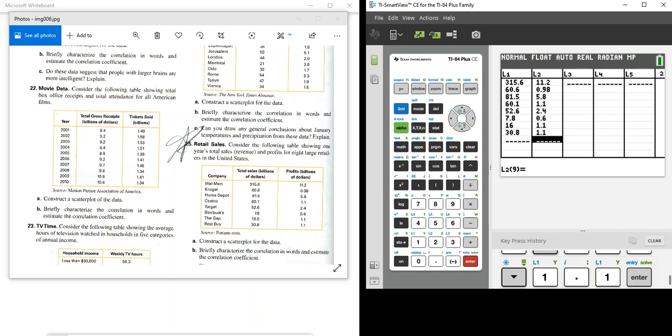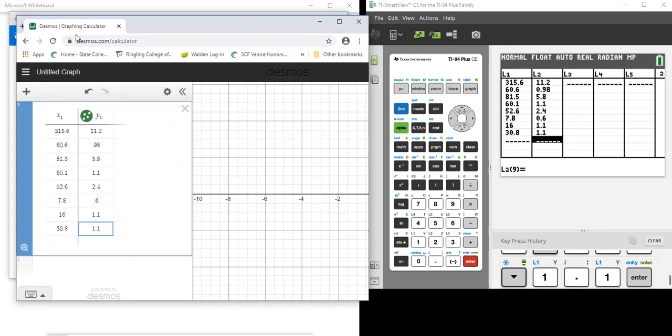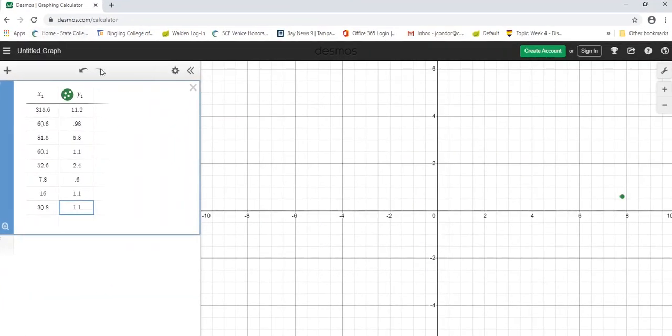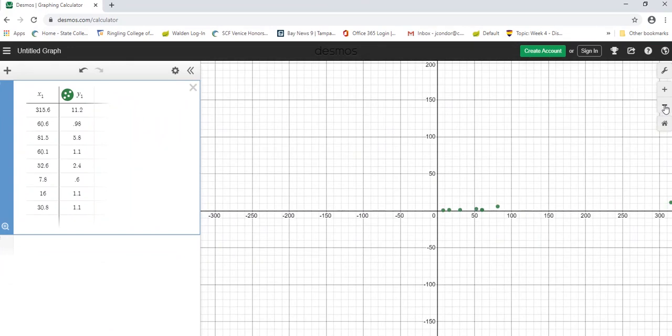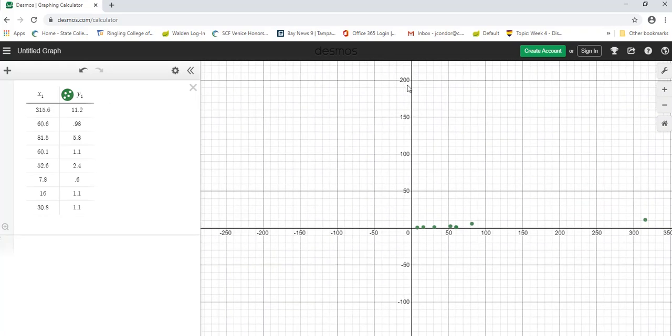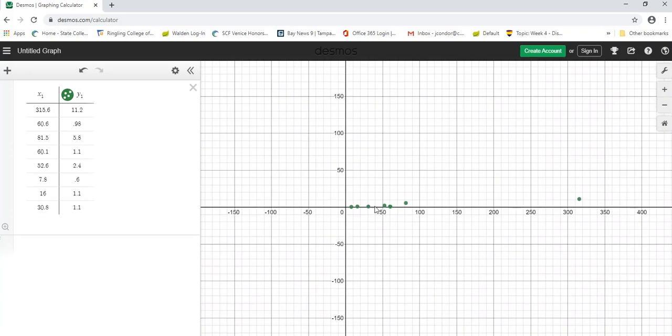I put these in a program called Desmos. And if you don't have the graphing calculator, you can use Desmos to work these problems.